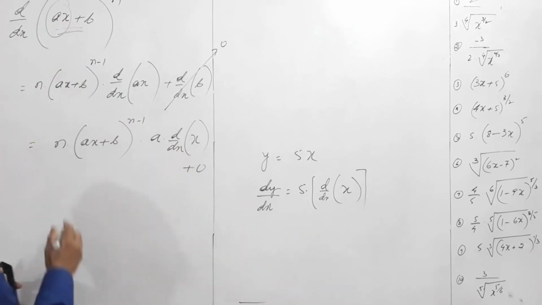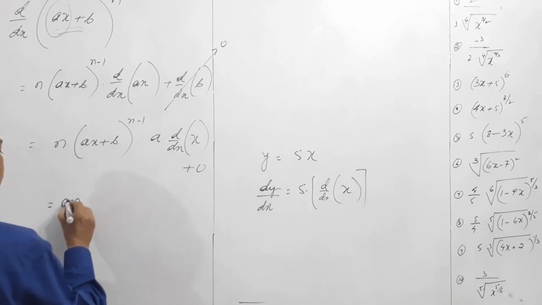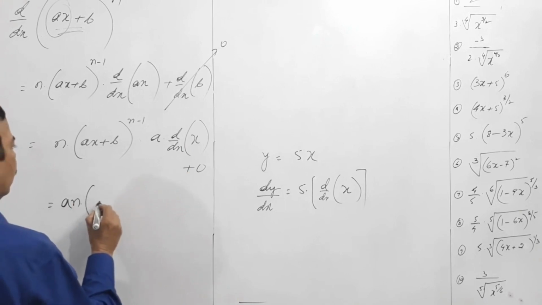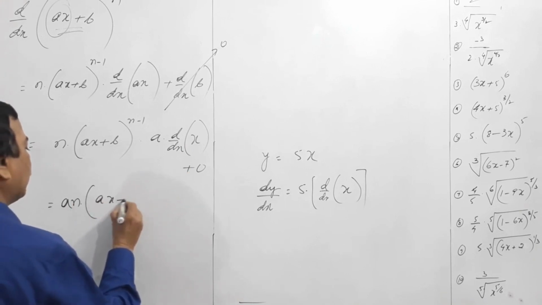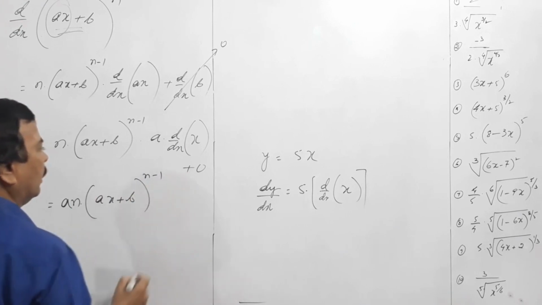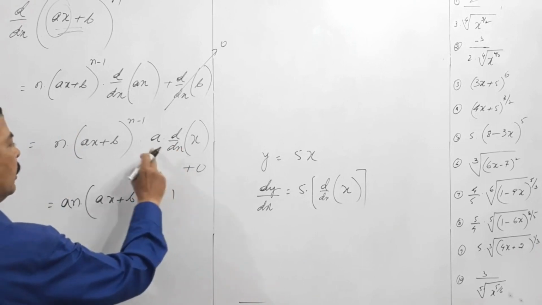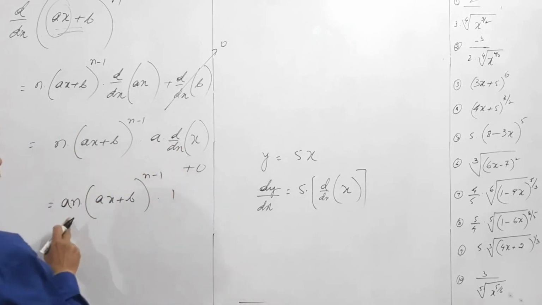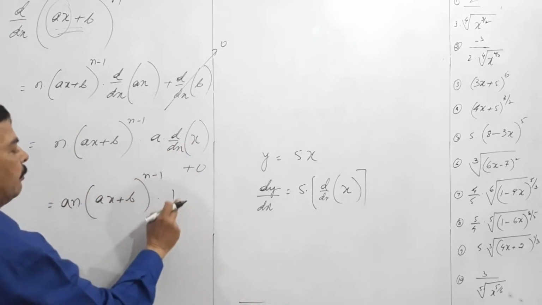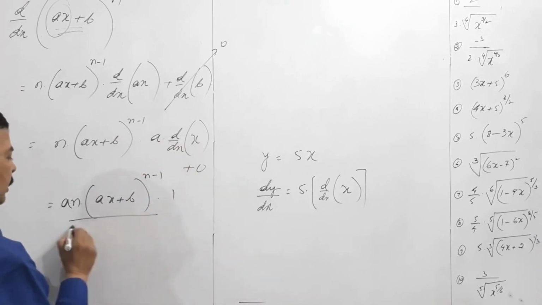So the result is n into a into (ax plus b) whole to the power of n minus 1 into 1. Because this a I have taken over here, it becomes an (ax plus b) to the power of n minus 1, and d by dx of x is 1. So the answer is only this much. This is the answer.